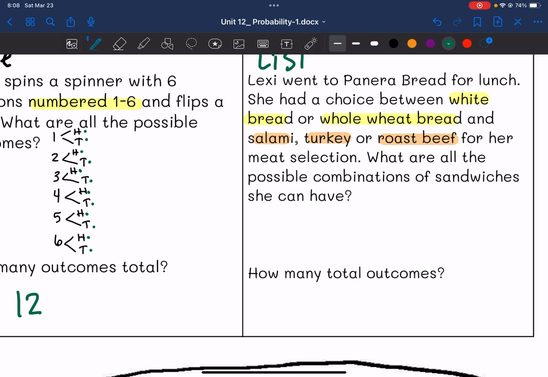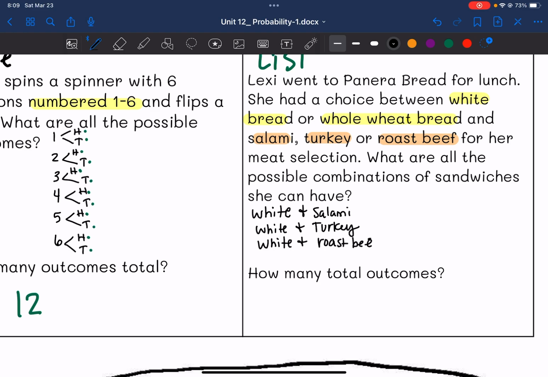So here, we are going to make the list. She can have white bread with salami. She can have white bread with turkey. She can have white bread with roast beef.